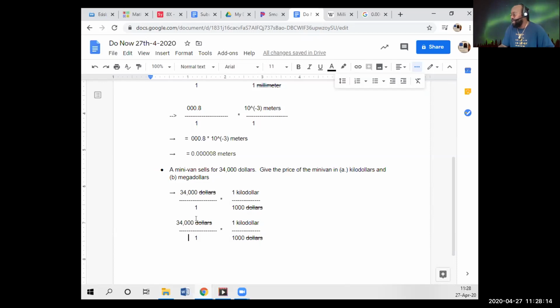So 34,000. And now these dollars are gone. Times 1 kilo dollar. Right. So what happens is we're going to now say it's what? How does that fraction look?